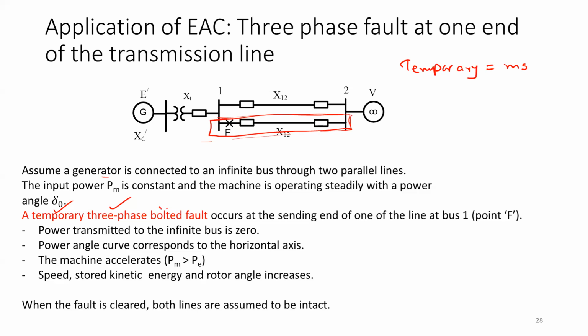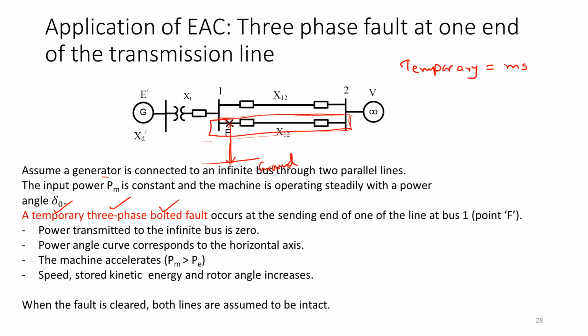The next thing is a bolted fault. What does it mean when we say there is a bolted fault? Bolted fault means the fault is happening over here at point F. Point F to the ground, let's assume this is the ground, so you will have a path to the ground. If there is no resistance or impedance from the fault point to the ground, then we say it is a bolted fault.